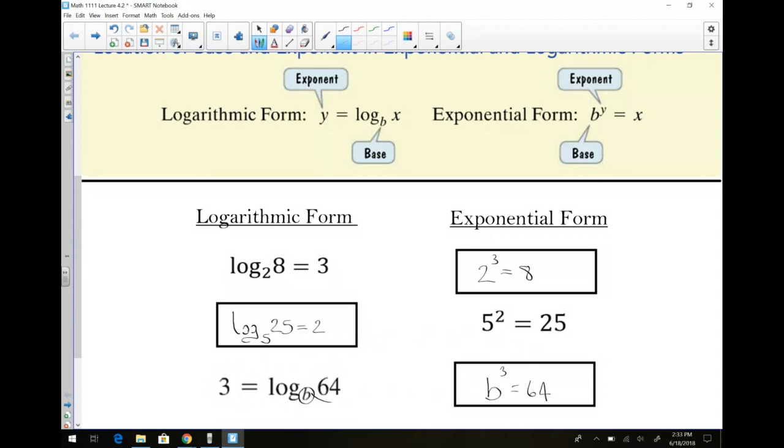Just out of curiosity, can you think of a number multiplied by itself 3 times to give me 64? I can go down the line. If I multiplied 2 by itself 3 times, that's 8, right? That's what we saw up here. If I multiplied 3, 3 times 3 is 9, and then 3 times 3 is 27, so that's not it.